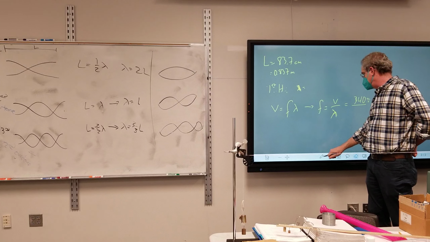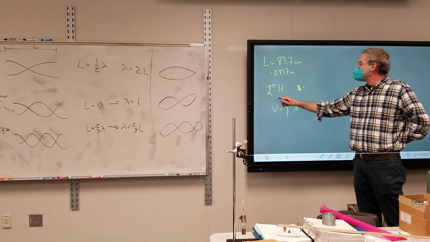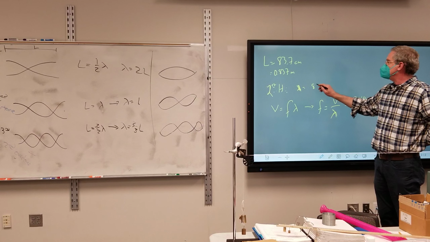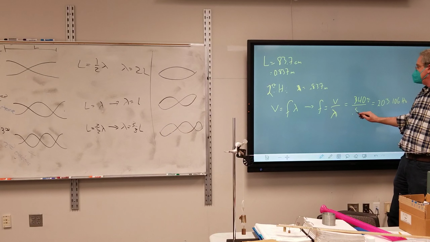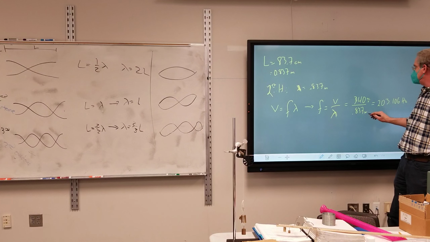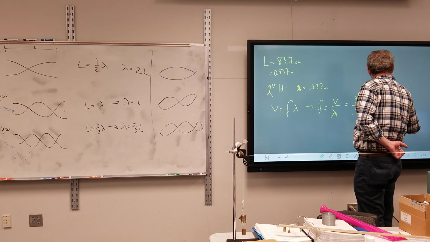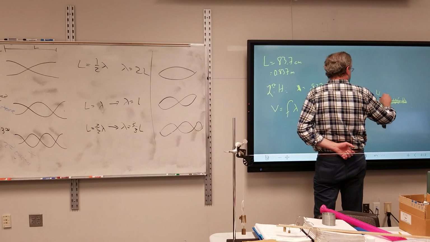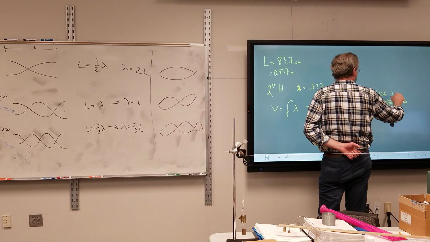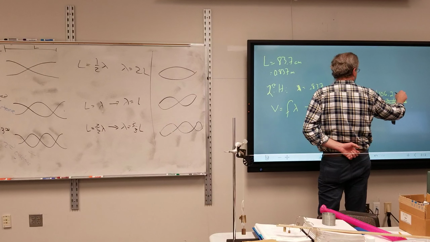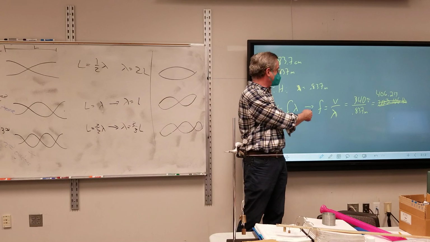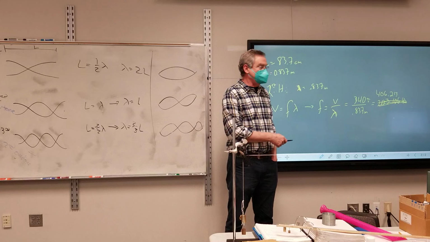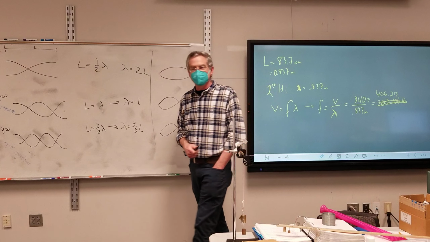So we are now at the second harmonic, 0.837 meters is the wavelength. I got 406.21. 212 or 213? Yeah, 213. We basically cut our denominator in half, so we should be doubling. Oh, that makes sense.